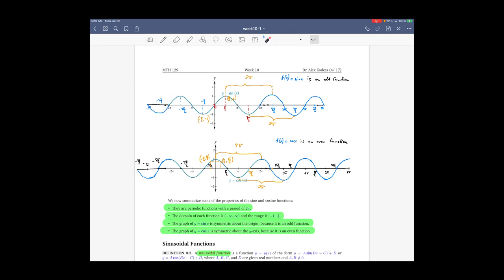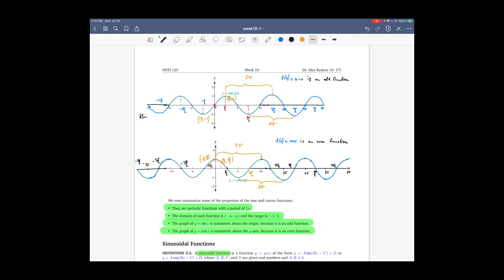For instance, if I were to shift sine x to the left by pi over 2, I would get immediately the graph of cosine x.